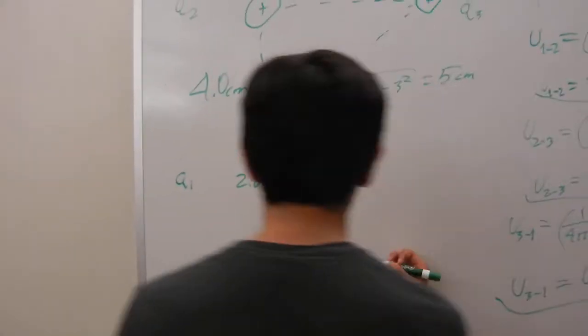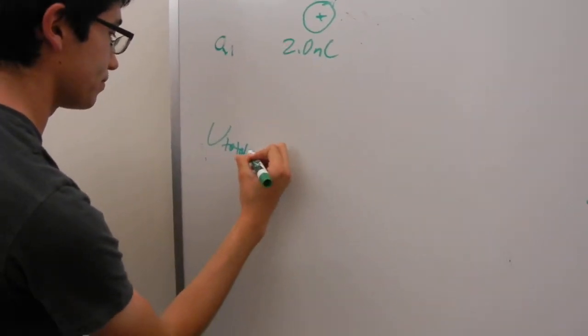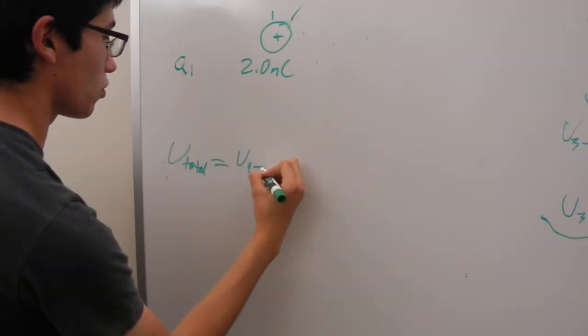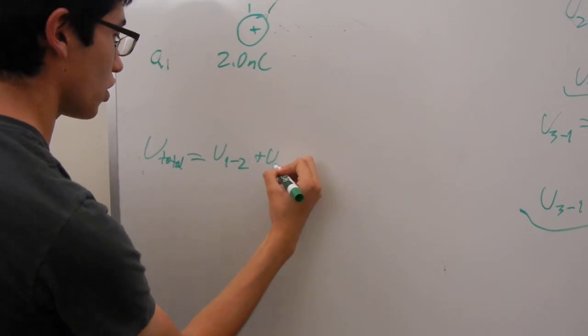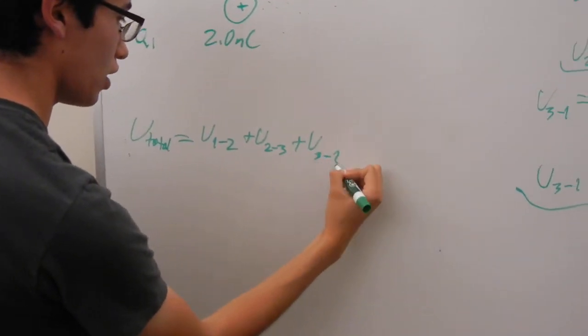So I'm going to go over here because there's free space. U total is equal to U from 1 to 2 plus U from 2 to 3 plus U from 3 to 1.